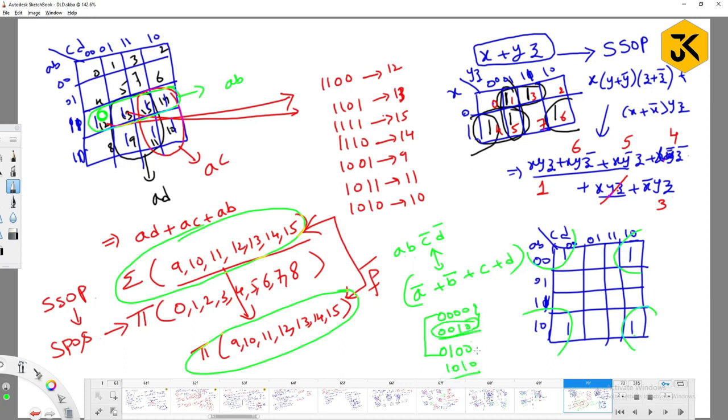So these two, how many bits are changing? One bit is changing, so they are adjacent. So finally, what is the value of this expression? How many are changing? This 0 0, so this 0 is not changing, right? So this 0 is not changing, so this is b bar, and this 0 is changing, and this bit, so this should be like b bar d bar. So like this also you can come.